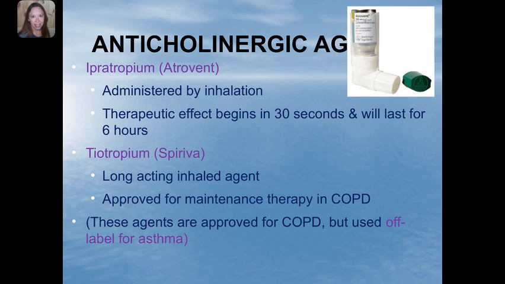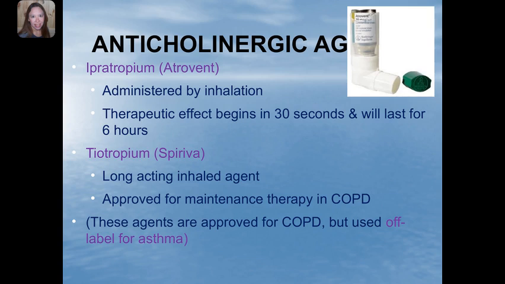You may have heard of these different medications. These medications are going to be administered via inhalation. So we do have inhalers for these. They are going to work very well in order to, again, help prevent the asthma attack.